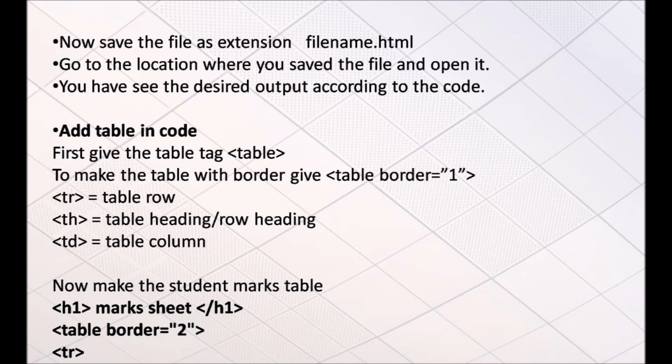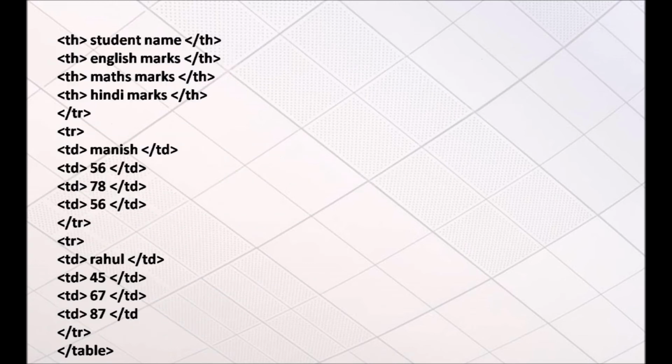In the second line I have given the border equals to 2, then table row, and as you see I have given all the row headings in the th tag, then td tag, and then next td for the second row.